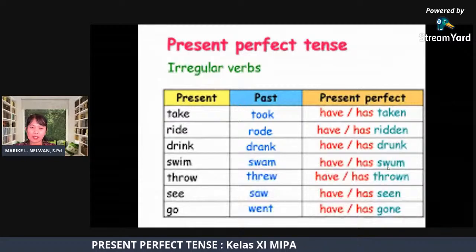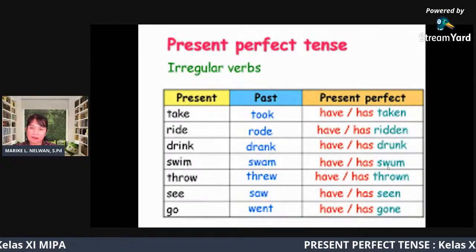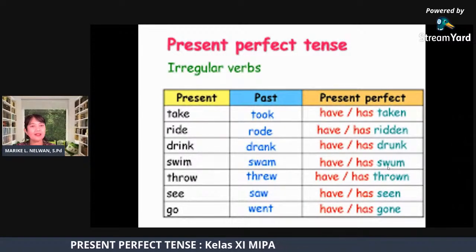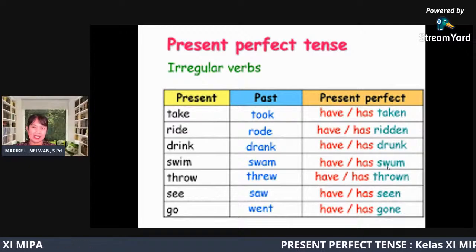Jadi ketika suatu waktu kita butuh untuk membuat sebuah kalimat present perfect, maka kita akan dengan gampang bisa menempatkan kata kerja bentuk ketiganya tersebut.